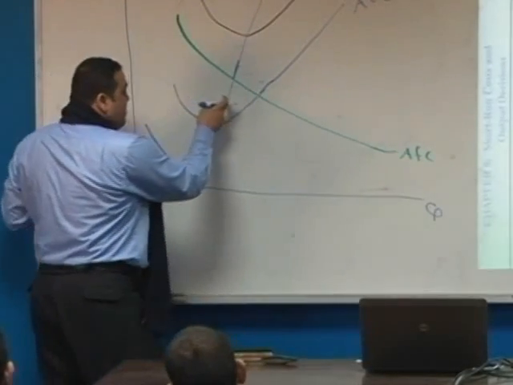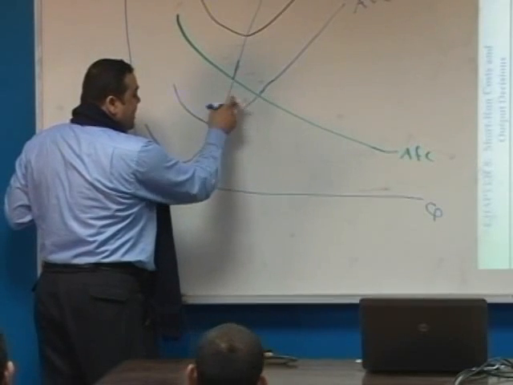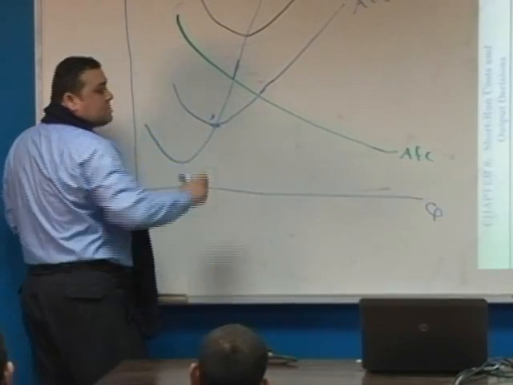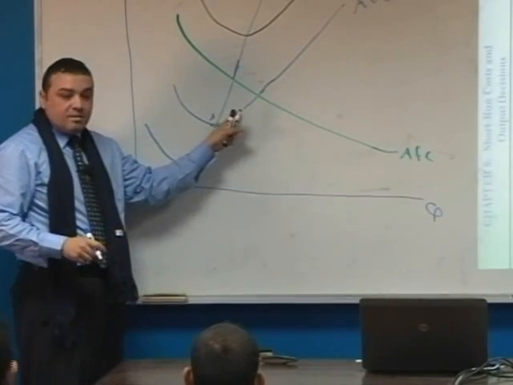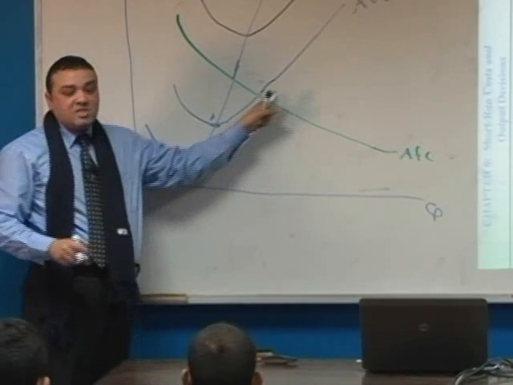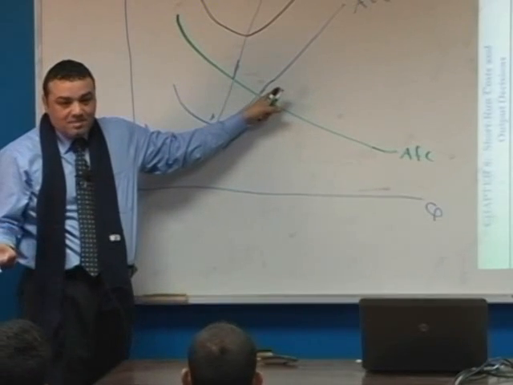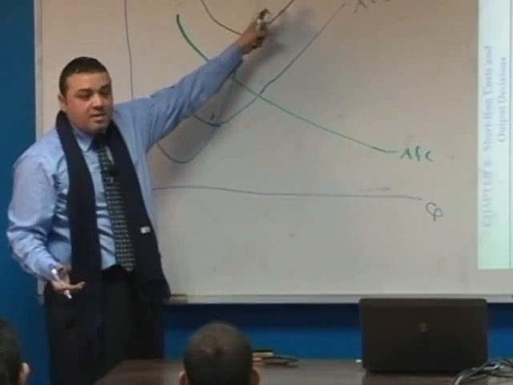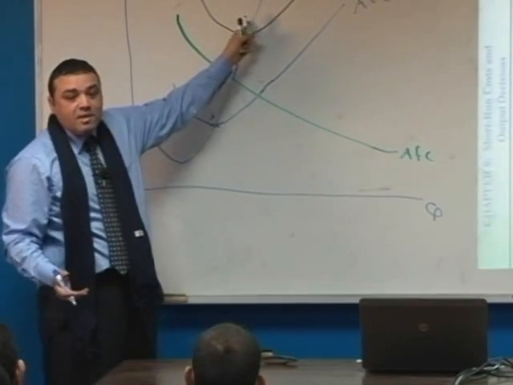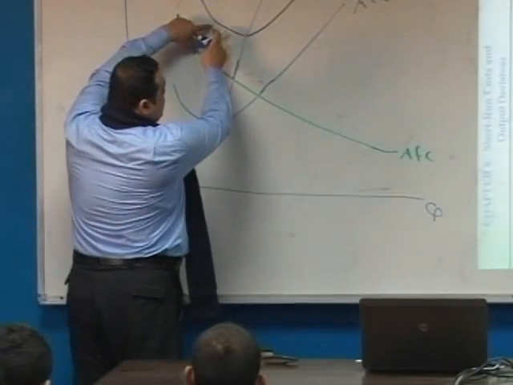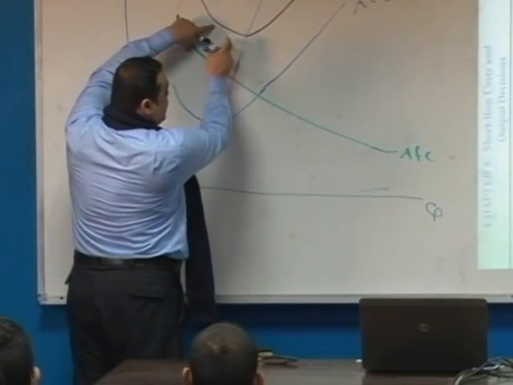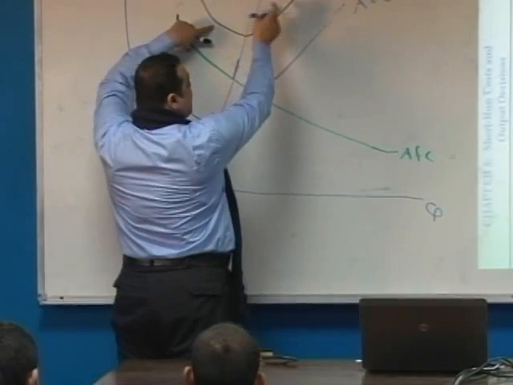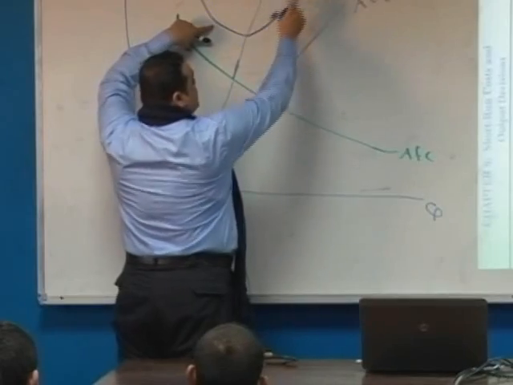When MC is larger than AVC, or AVC is smaller than MC after A, in this case, AVC is increasing. The same applies for ATC and MC. If ATC is larger than MC, ATC is decreasing. If MC is larger than ATC, ATC is increasing.